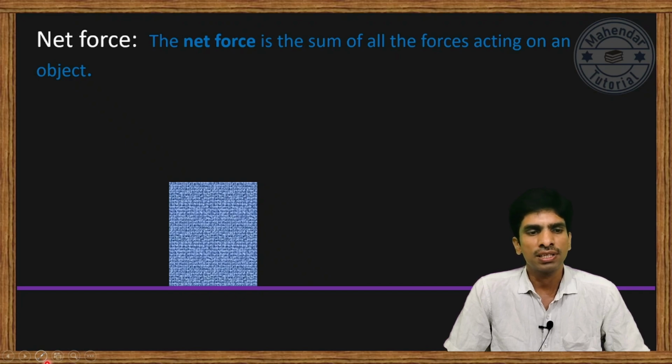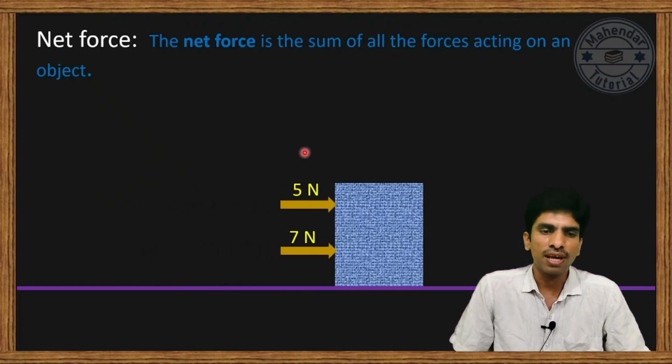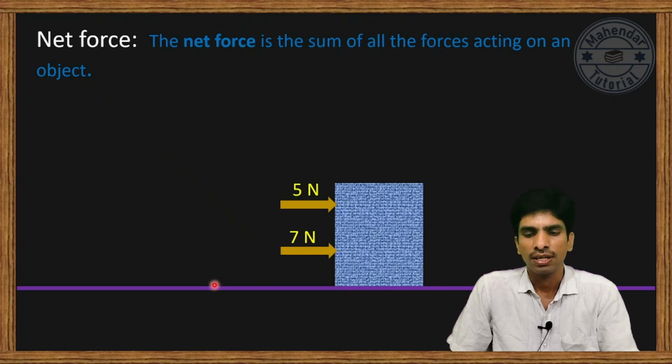Here is an object. A 5 newton force is acting on this object and also 7 newtons. So what is the total force acting on this object? Here two forces are acting towards the right side. It means two forces are acting in the same direction.